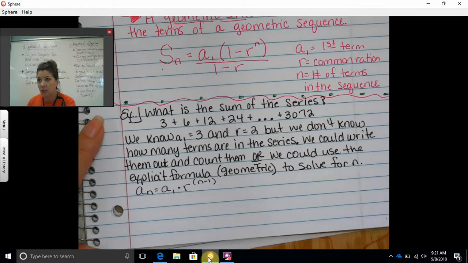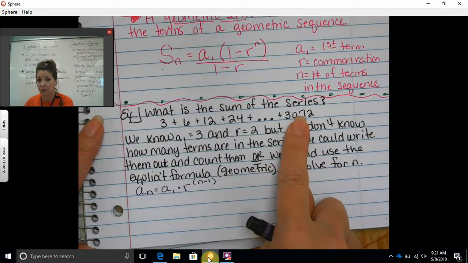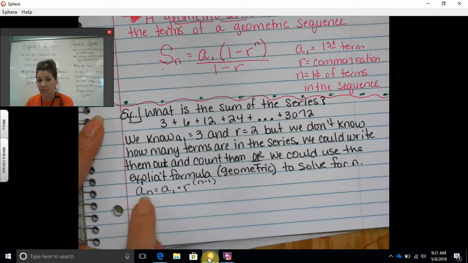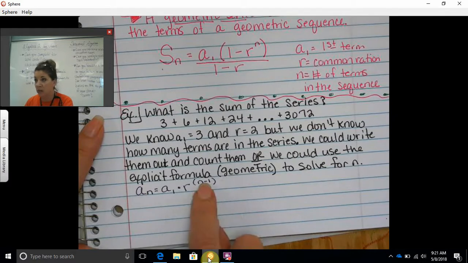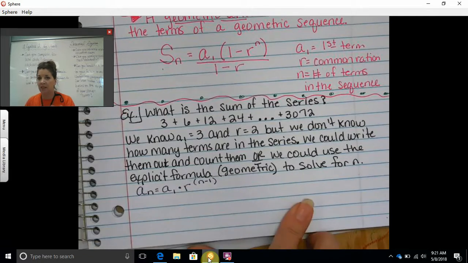Is that the 50th term? The 20th term? What term is it? So I'm going to use this term for a sub n, but I don't know what term number it is, but I know all these other variables that I can substitute in for and just solve for n, okay? And then that will tell me this is the 50th term or 100th term or whatever term that it is.